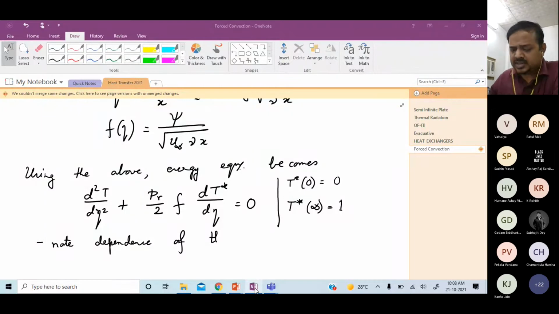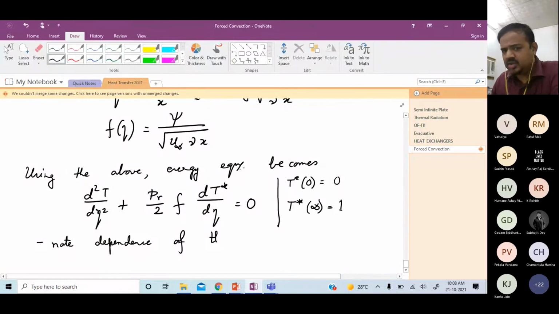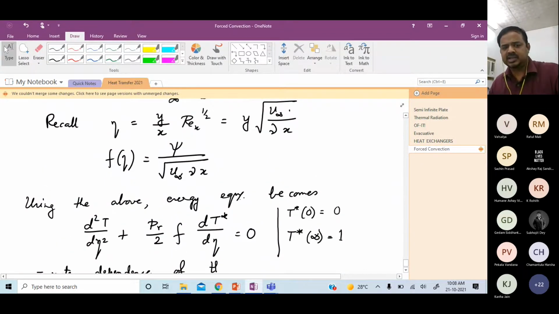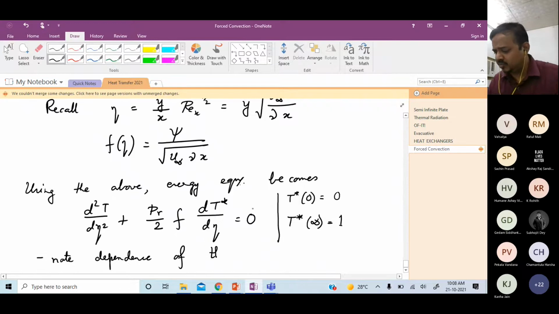This is where we stopped yesterday. What we are trying to say is that if you put all these equations, the similarity variables and the similarity function, the energy equation takes the form of an ODE, which I have written here, subject to boundary conditions: T star at eta equals 0, which also means y equal to 0, is 0. Why?